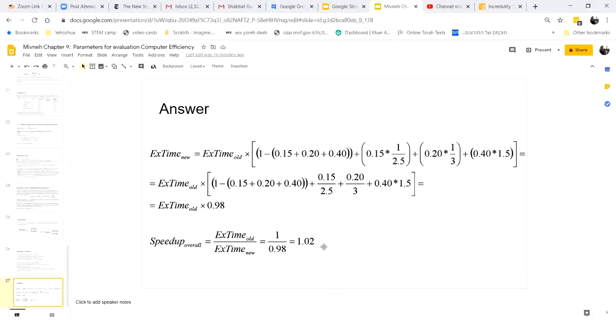It's confusing a little bit, but that's what you got to do. Old time over new time. In the same time that the old time did, how many times can I do it now? I can do it a little bit more. I can do it not just 1, but 1 and a little bit more in that same amount of time. Okay, so that's the speed up overall.